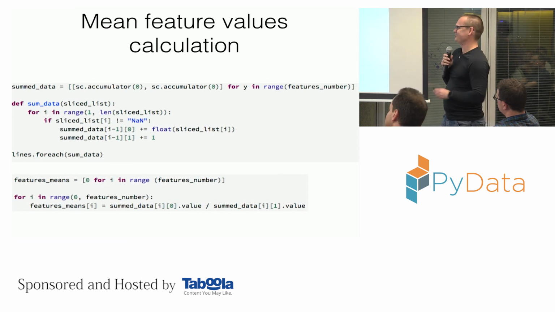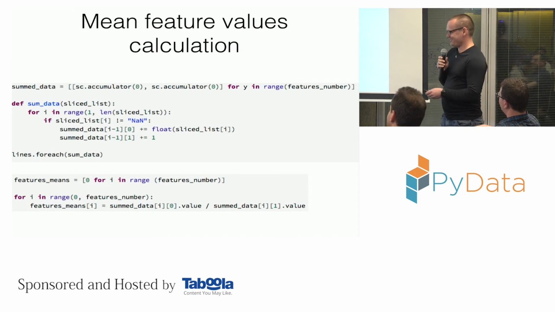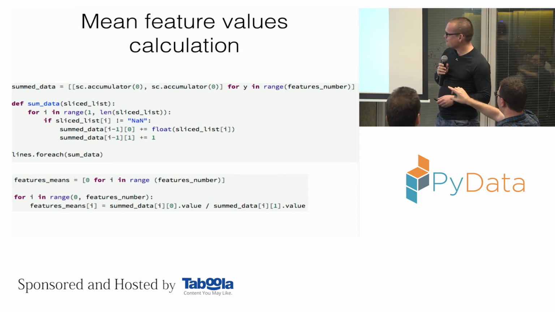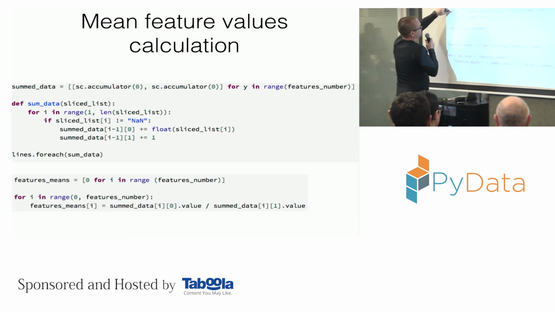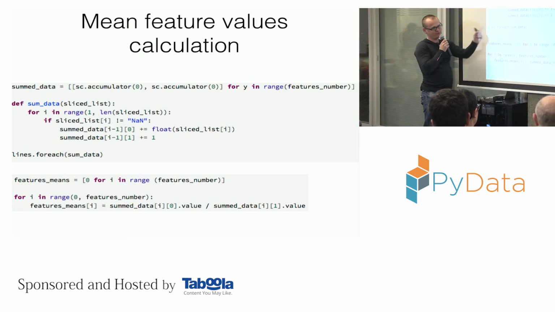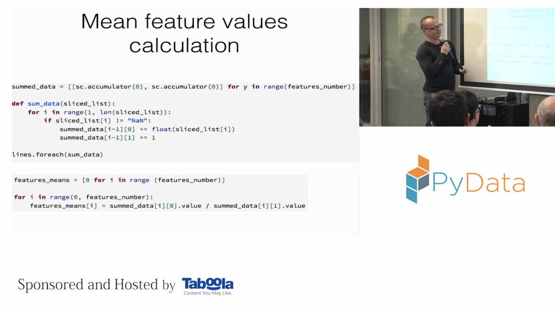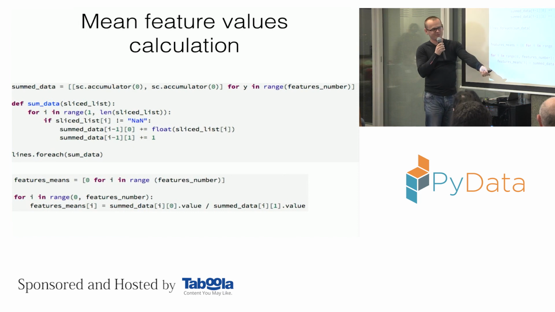I don't know why I don't get this impression from you now. Which of these lines ran in parallel? Okay. This method runs in parallel by all the workers which store each chunk of the data. When you call the foreach on the lines RDD from the driver program, it calls all the workers, which are all the nodes that store their relevant part of the data, to perform this.